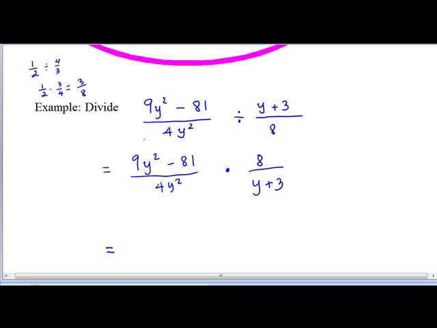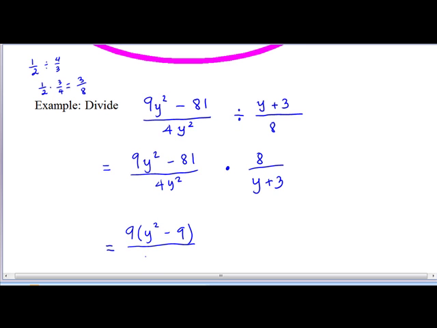So I'm going to factor everything out. Factor that y squared minus 9. And then 4 can be written as 2 times 2, y squared, times 8 is 2 times 2 times 2 over y plus 3.